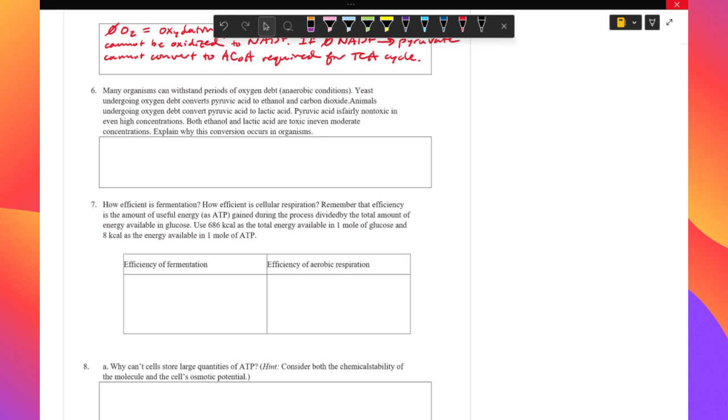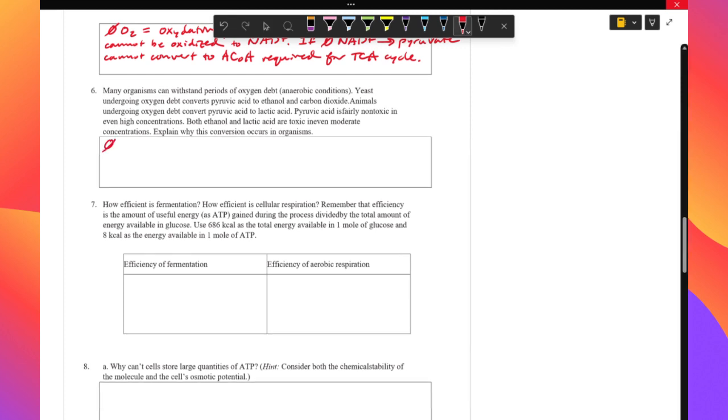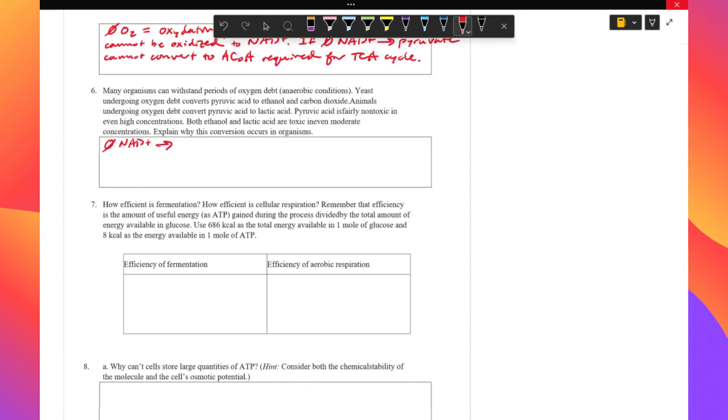So in the absence of NAD+, glycolysis can't proceed, so no NAD+, no glycolysis. No ATP leads to no ATP, leads to, I'm just going to put a sad face here.